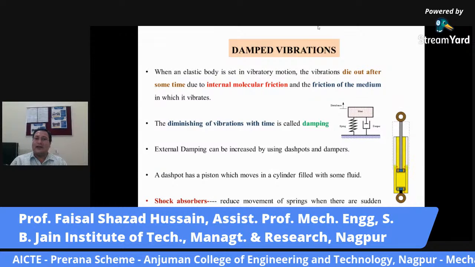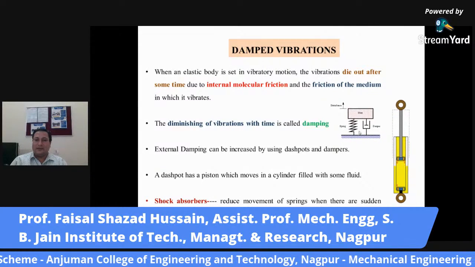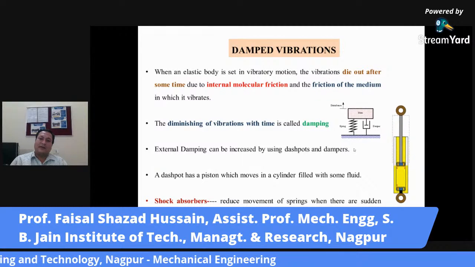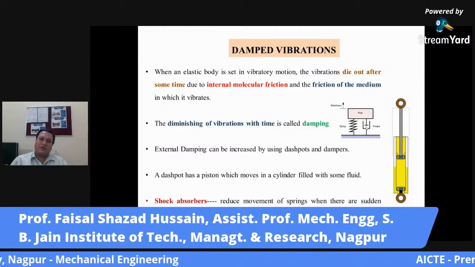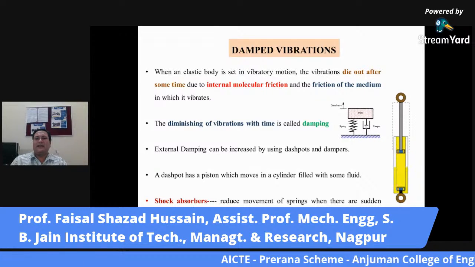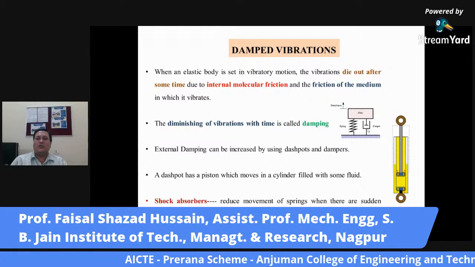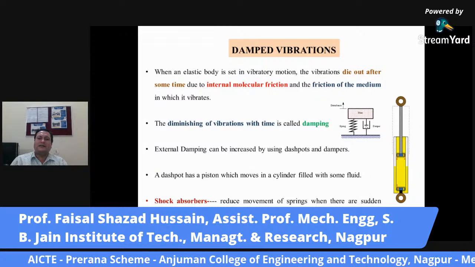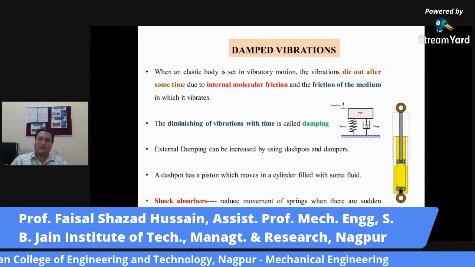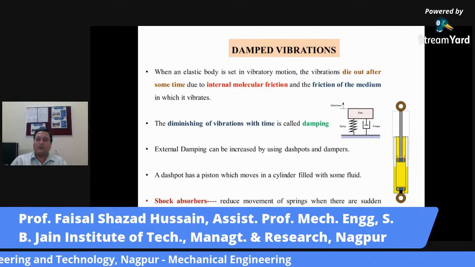Generally, external damping can be increased by using dashpots and dampers. As I have told you, this dashpot is a piston which moves inside a cylinder. You can see this vertical to and fro motion, and there is some fluid filled in it. The best example of such vibration is shock absorbers.